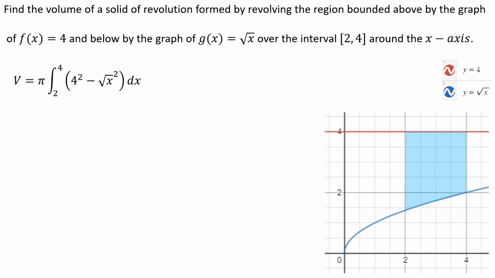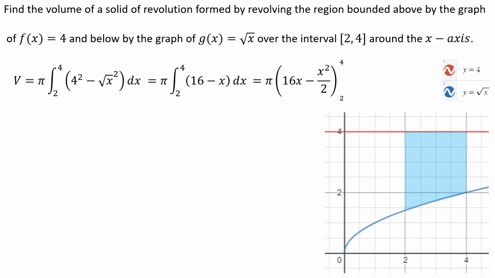The outer radius is just going to be plain old 4, so that's 4 squared. When I do radius squared, the inner radius is square root of x, so I've got to square that: square root of x squared. 4 squared, of course, is just 16. Square root of x squared, of course, is just x.